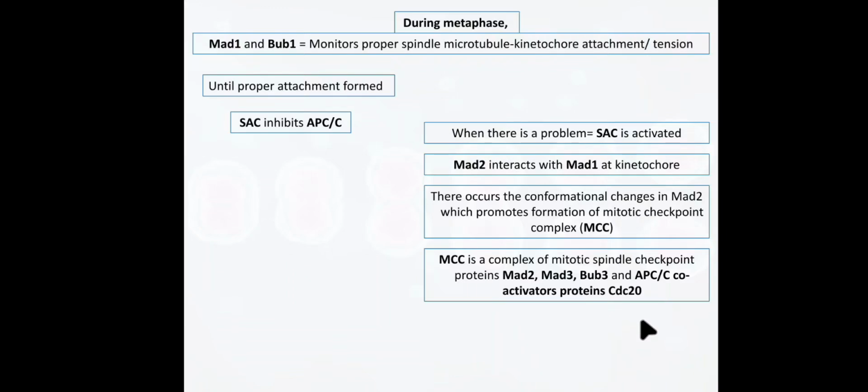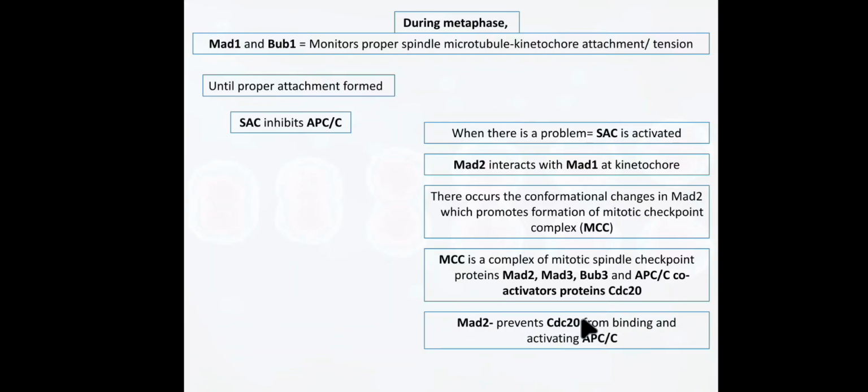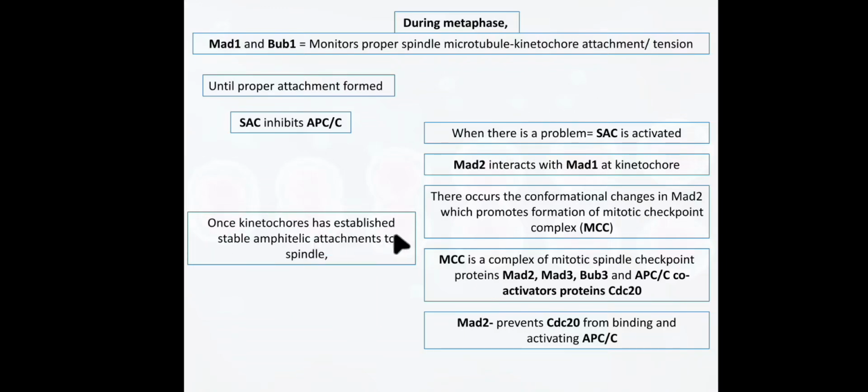All together they form MCC. So if there is a problem, MAD2 prevents CDC20 from binding and activating APC/C, resulting in the inactivation of APC/C until the problem is solved. Once the kinetochore has established the stable, correct amphitelic attachment to the spindle, SAC is silenced and APC/C is activated.